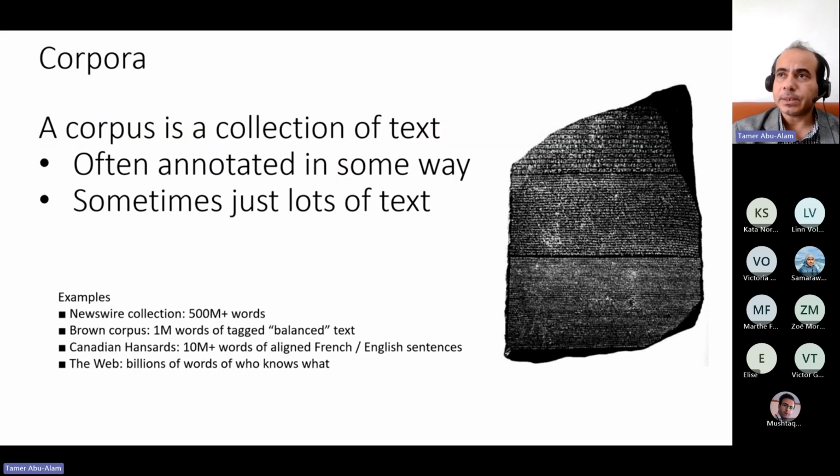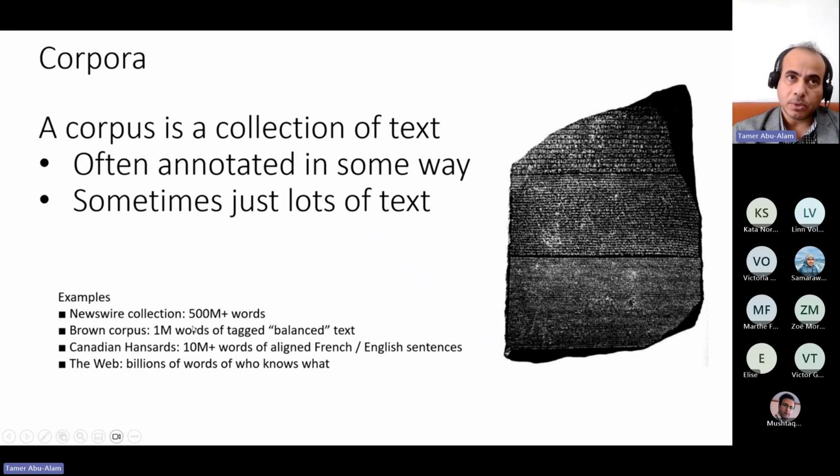And this database is called a corpus, or these databases, because it's not one database, it's several databases, hundreds of databases. So I will give you an example. There is a database called Newswire Collection, and in this collection there are around 500 million words.